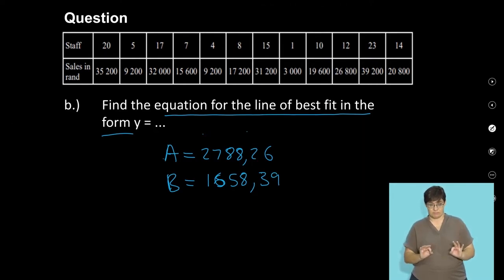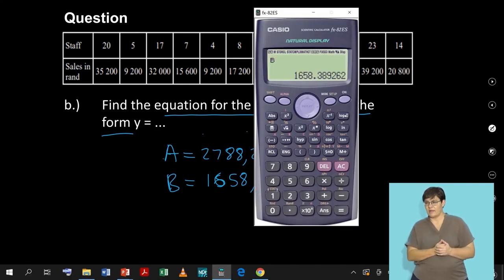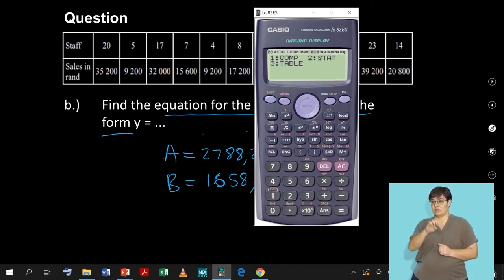Are we together? So where is this regression? Let's look at our calculator again. It's actually mode stat. You can see A, Y equals A plus BX. Are we together?